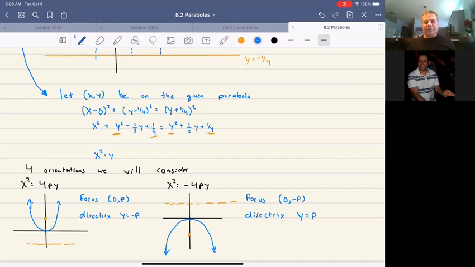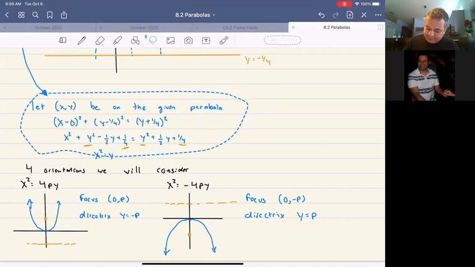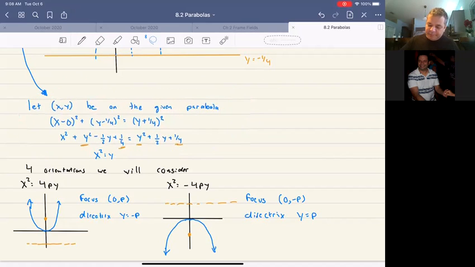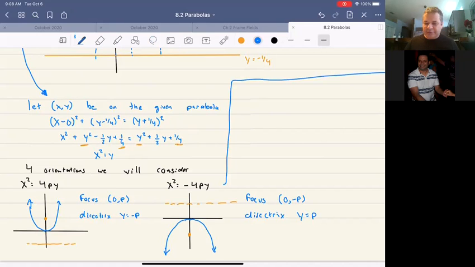Let's look at 2 more orientations. I can fit them on here, I think. I don't like to do that, but I will, so let me make some space. The next orientation is y squared equals 4px.